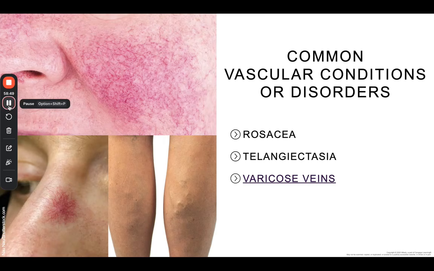They use sclerotherapy as a treatment. Basically, they inject a solution into the vein, which is called sclerotherapy, to collapse those veins, making them appear smaller. So that's pretty much all that we have for rosacea. If you want to read more on that, you can find it on page 141 in your textbook, or go down the rabbit hole with your own research.